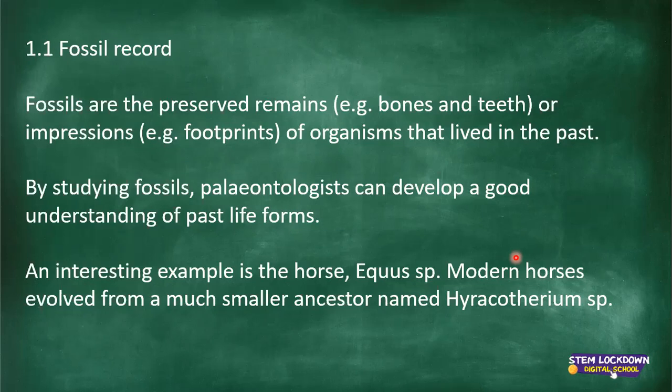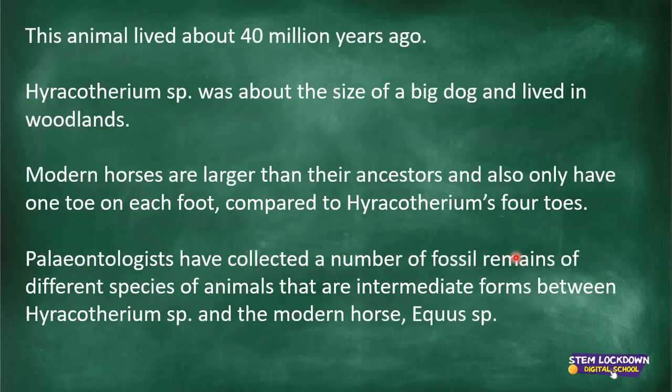Modern horses evolved from a much smaller ancestor named the Hyracotherium species. This animal lived about 40 million years ago. Hyracotherium species was about the size of a big dog and lived in woodlands. You see, big dog, that's the keyword.